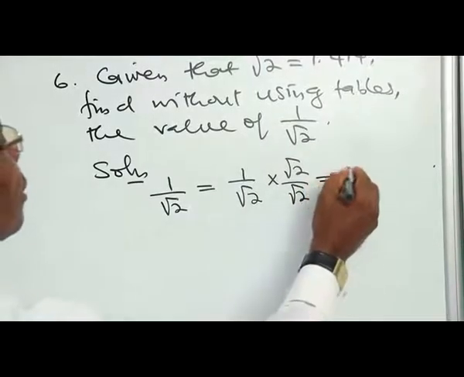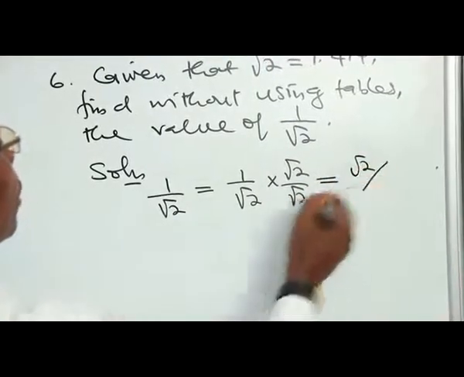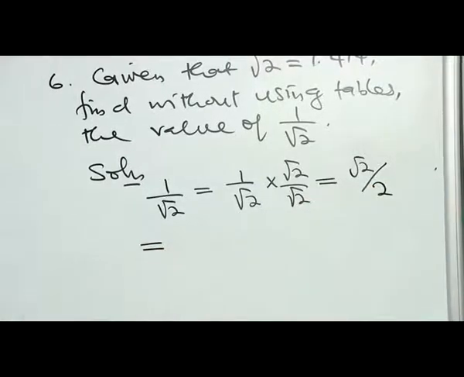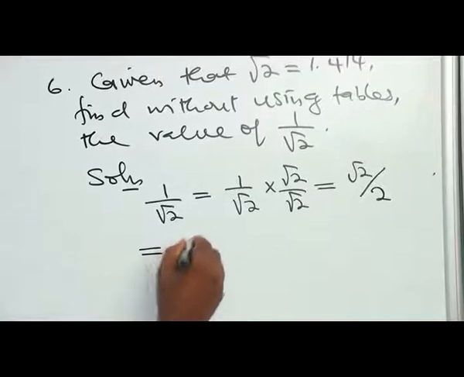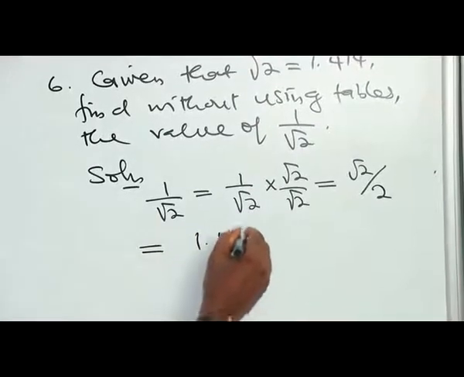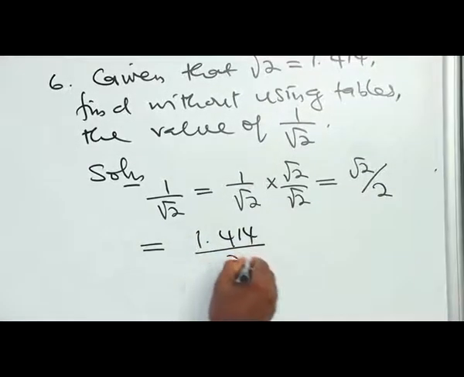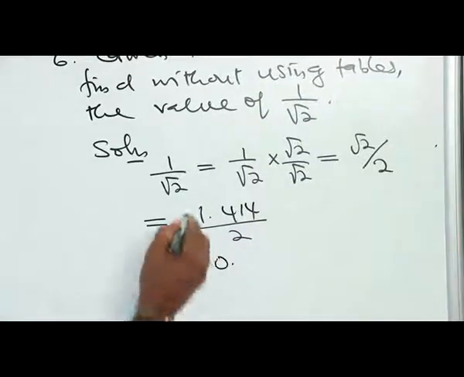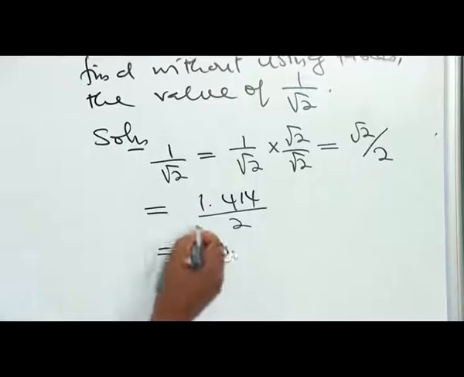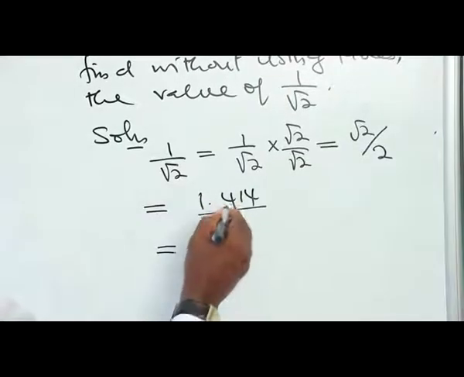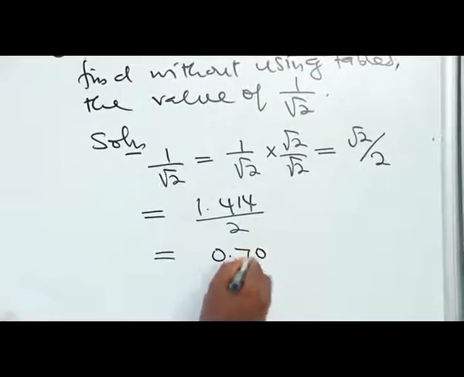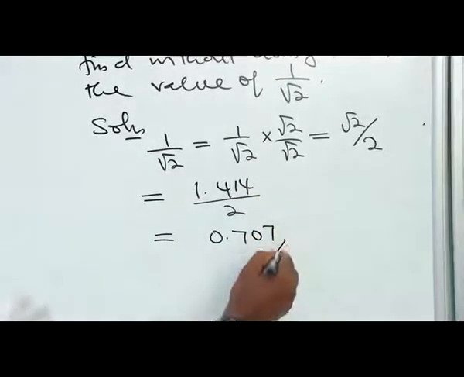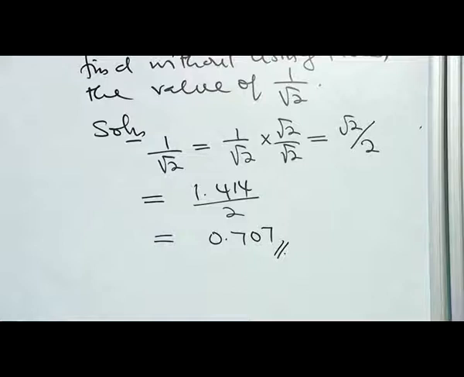If you do this, you now have root 2 all over 2. You can now substitute the value given to you for root 2, which is 1.414 all over 2. You carry out the division: 2 into 1 is 0, point, into 14 is 7, into 1 again is 0, and into 14 is 7. So this gives you the answer to the problem.